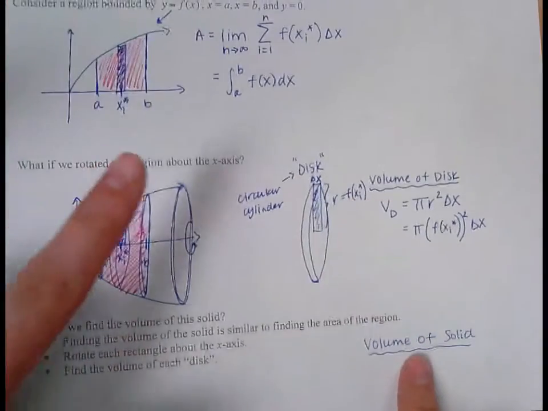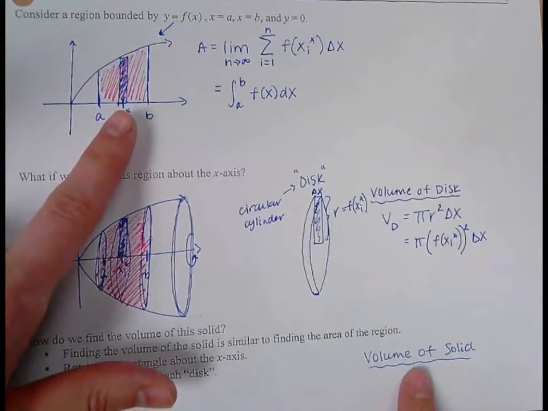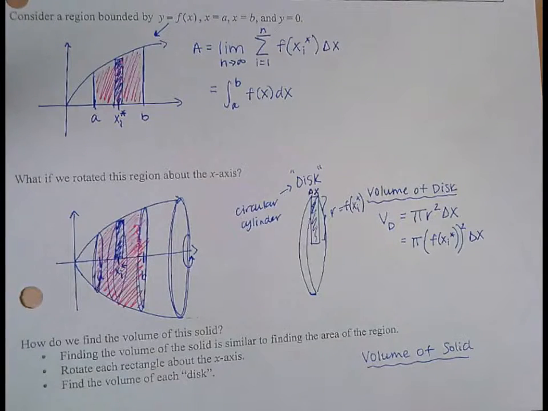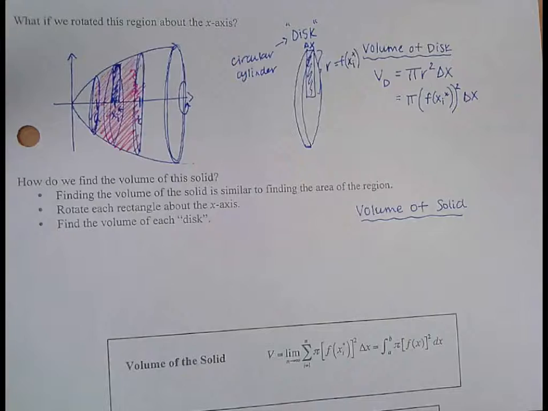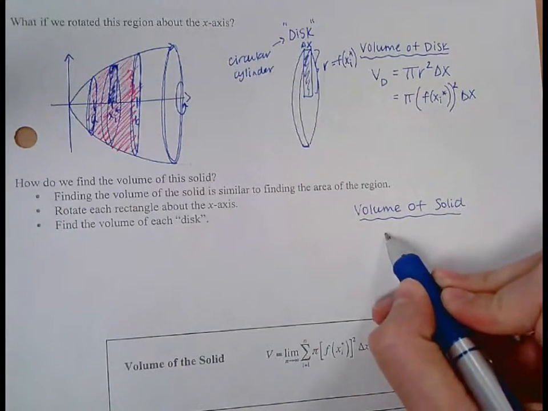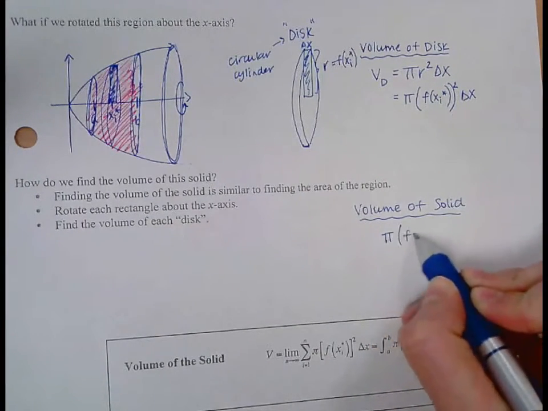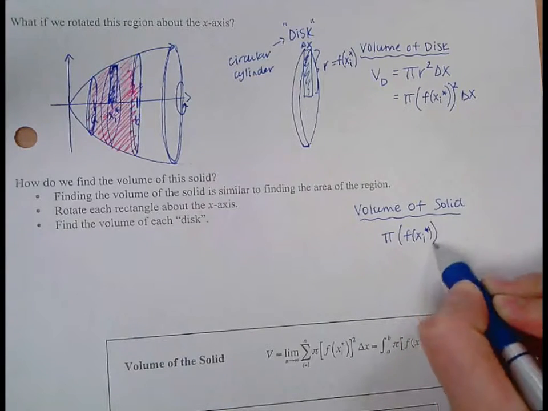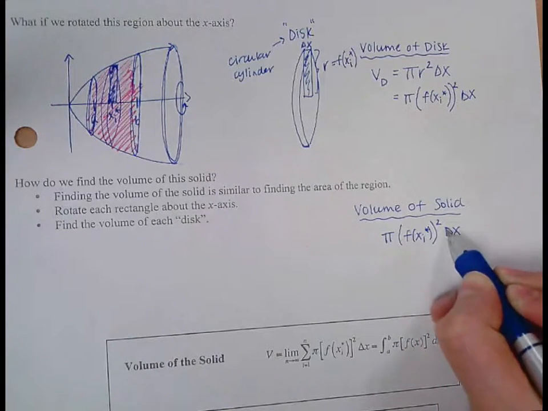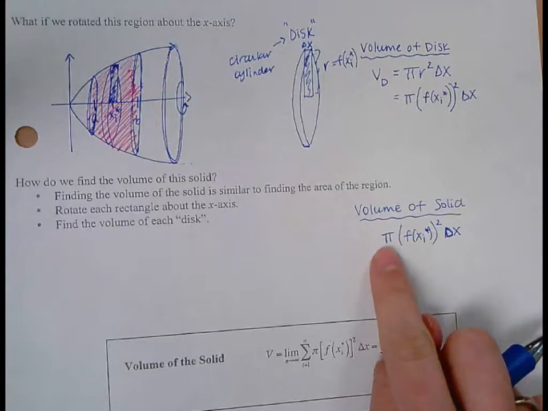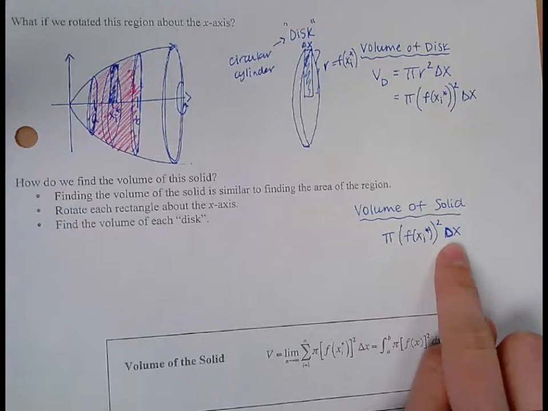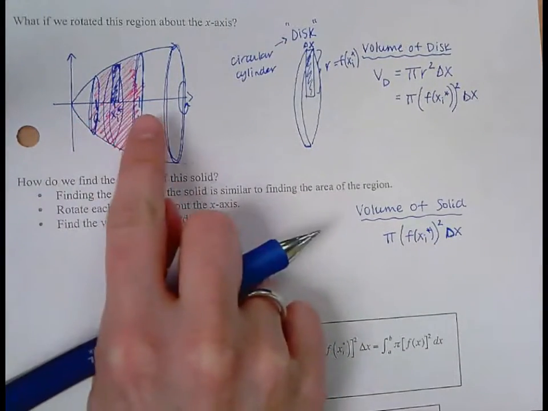So just like for area, we started with the area of one rectangle, then we added the areas of all the rectangles, and then we took the limit of that to get the exact area, and that became an integral. So we start with the volume of one disc, and that's pi times f of x sub i star squared, delta x. And then you add together the volumes of all of the discs on the interval from a to b.